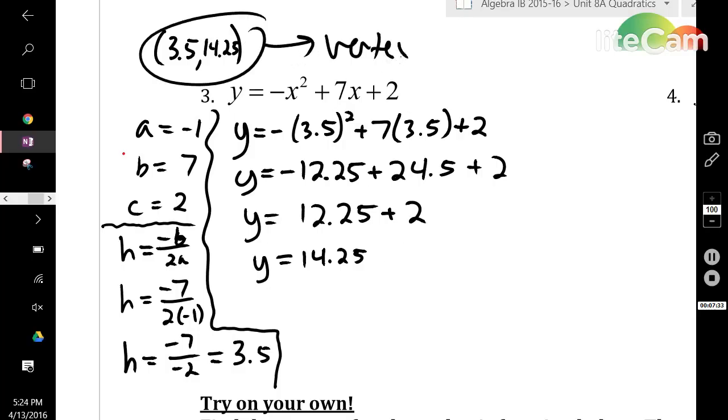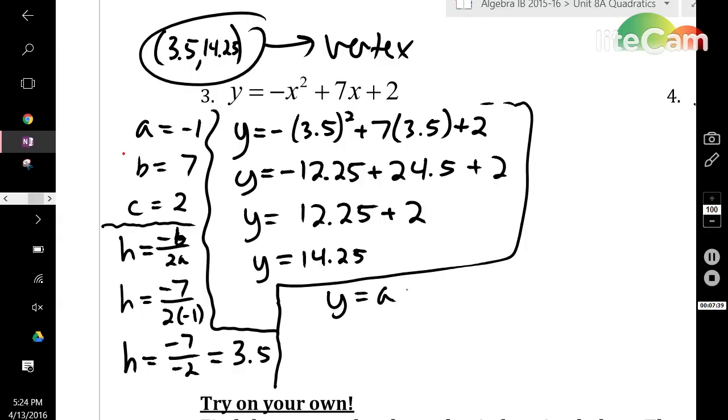Now, we want to write it in vertex form. Simply rewrite vertex form: y equals a times x minus h quantity squared plus k. And you're going to plug in a, which is negative 1, or just the negative sign's okay. x minus 3.5.